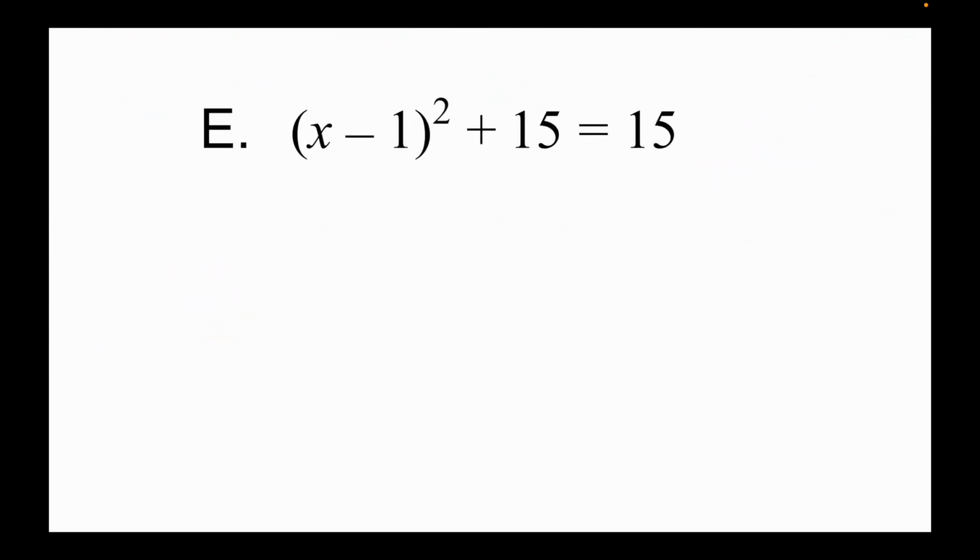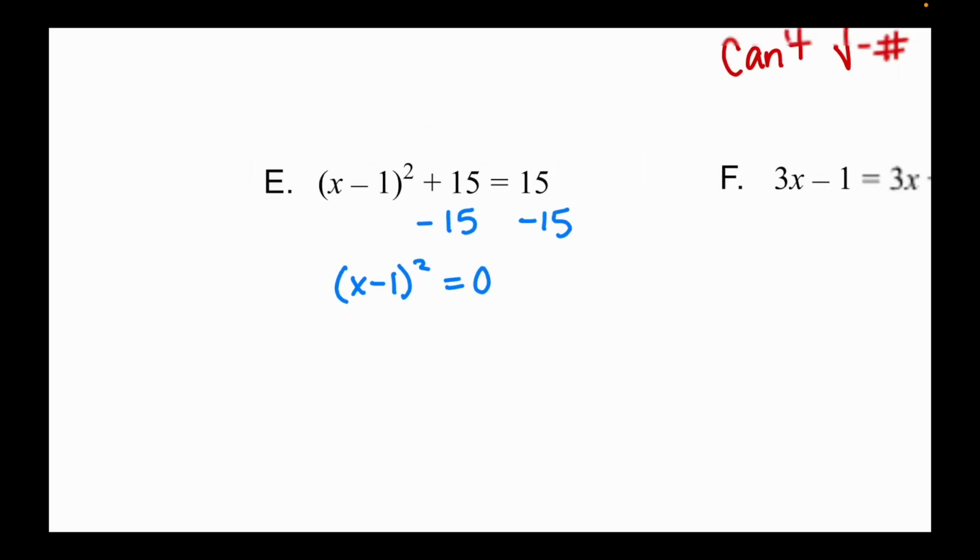Let's look into E. On this one, I want to get this squared part by itself. So I would start by subtracting 15 from both sides to remove this part here. So -15 and -15 from both sides of my equal sign. Then we have x minus 1 squared is equal to 0.